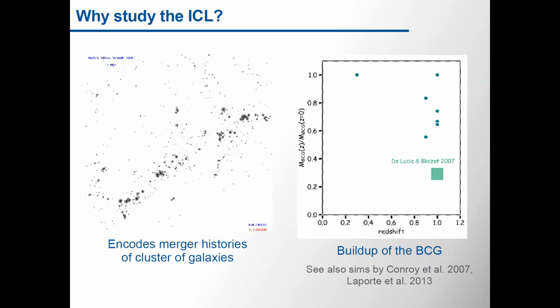Over time, the stars that are stripped from the galaxies through these interactions end up in this intracluster light medium, and they form this diffuse light.